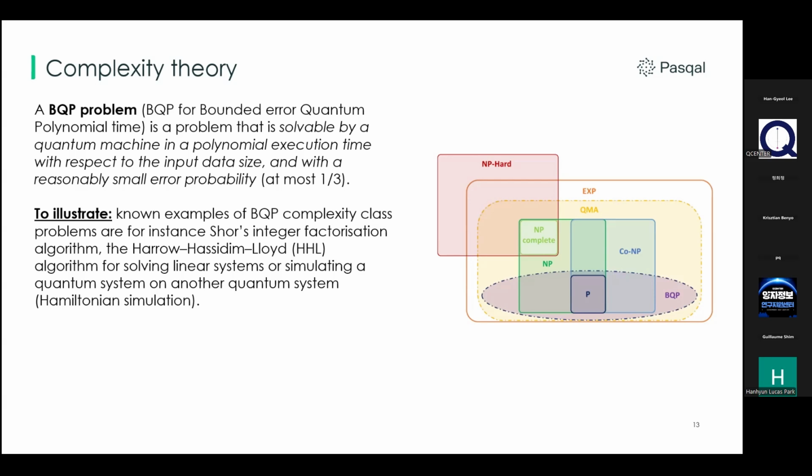Why it's interesting is that problems that are classically known and proven to be difficult to solve, with this notion of NP, or in some cases even EXP, now find themselves in a complexity category that proves that from a quantum perspective they are easier to solve, polynomial in time.